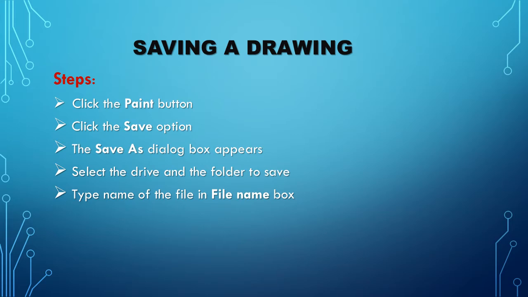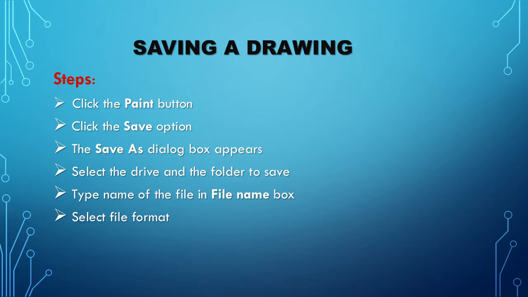After that, in the File name box, you need to type the name of the file. That file name is optional. Whatever you want, you just give. Then in the Save as type drop-down box, select the file format in which to save the drawing. First you need to type the file name.